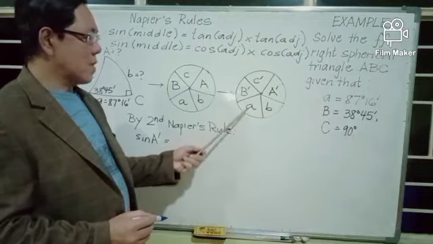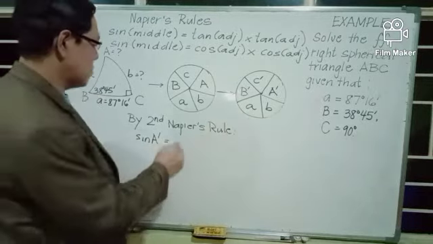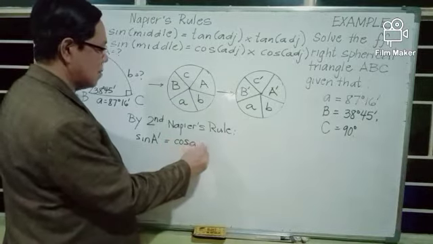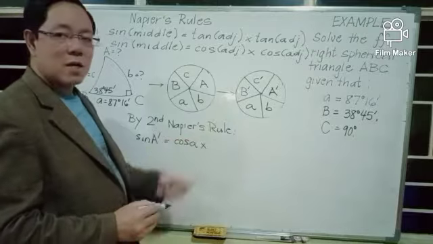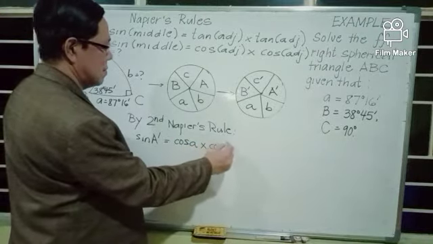These are the opposite parts, small a and capital B prime. Cosine of small a multiplied by cosine of B prime.